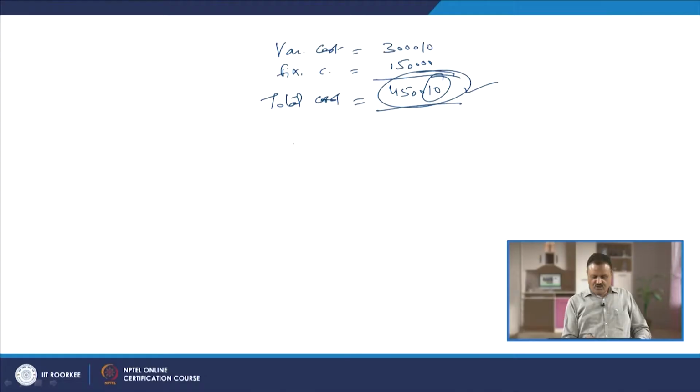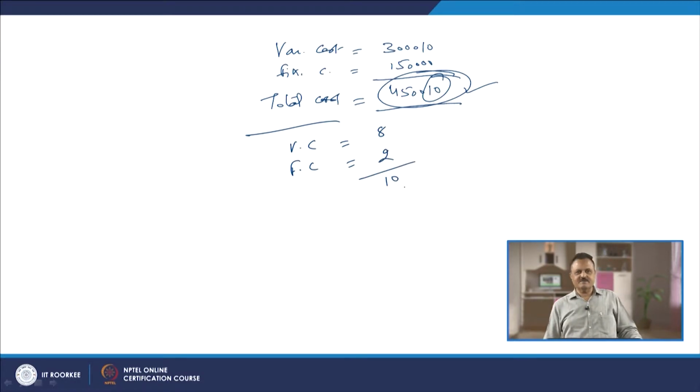Fixation of selling price. When you talk about fixation of the selling price, how do we do it? We fix the selling price by dividing the total cost into variable cost and fixed cost. For example, if the variable cost of a product is 8 rupees and fixed cost is 2 rupees, our cost of production is 10 rupees.